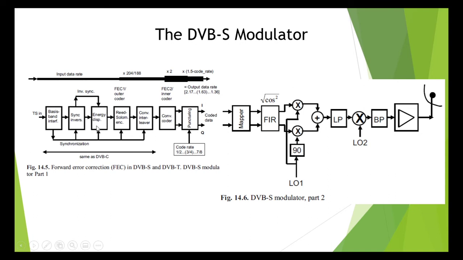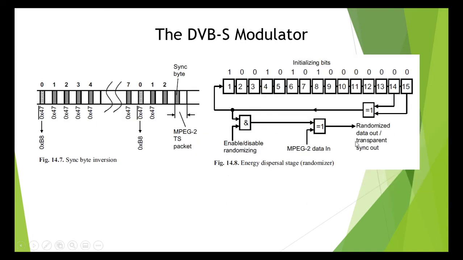To achieve energy dispersal, a pseudo-random binary sequence, PRBS, look at figure number 8, is first generated, which however is restarted time and again in a definite way. It looks random, but it's not truly random, it's pseudo-random.